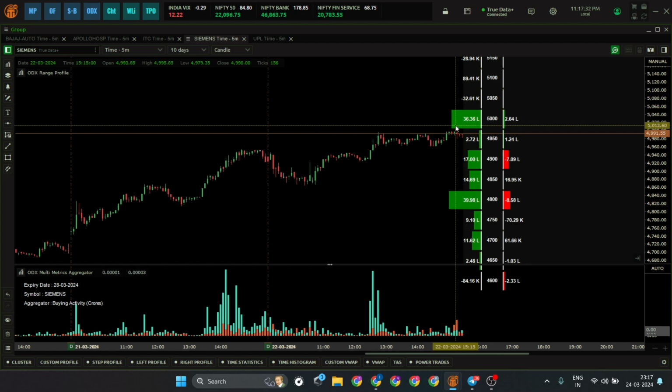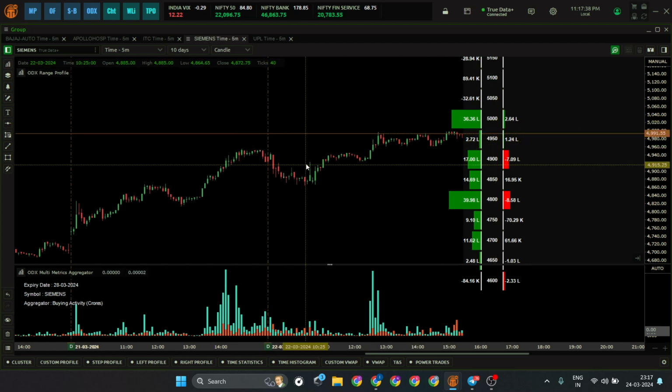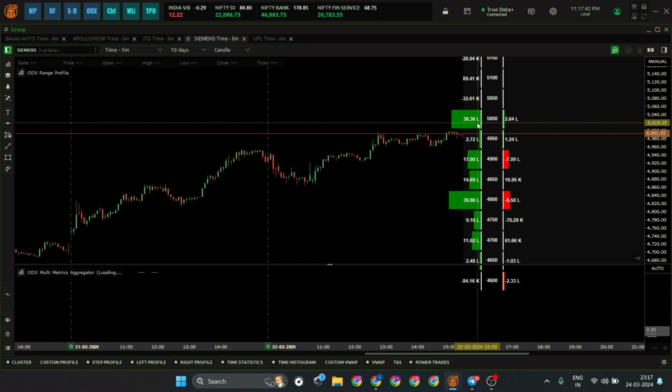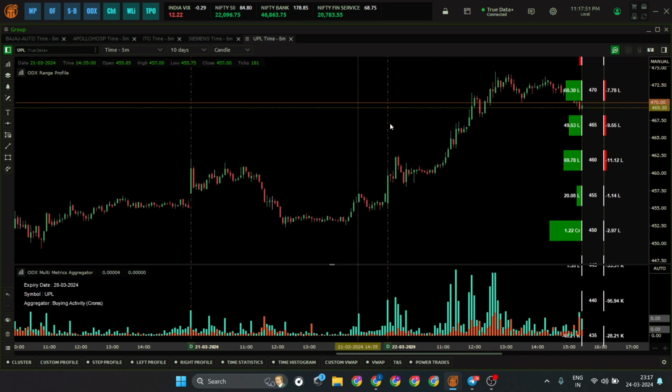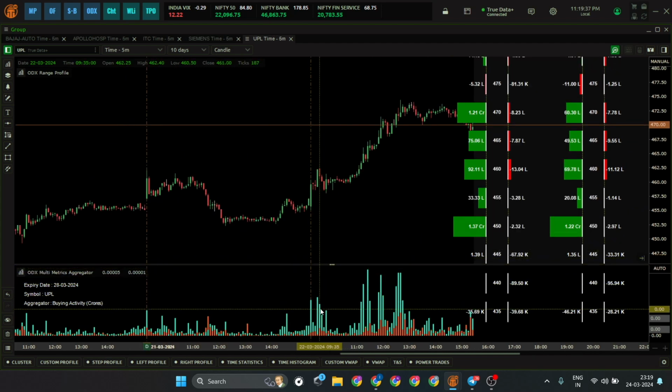So we need this sort of number, only then we can say that most often this script is going to reach this price. It's not certain, and I am again repeating, it's not certain, but most times this can happen. Now coming to UPL, if you compare to the previous day, we are seeing some decent bars.